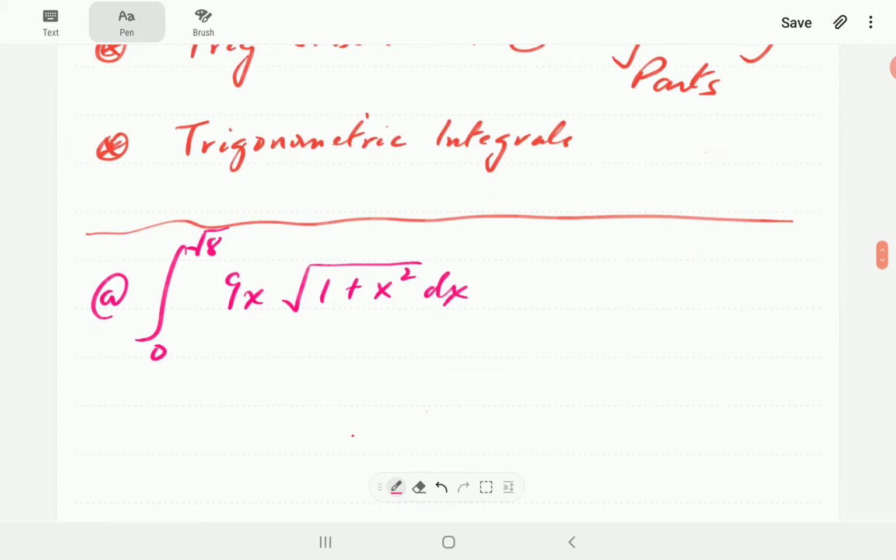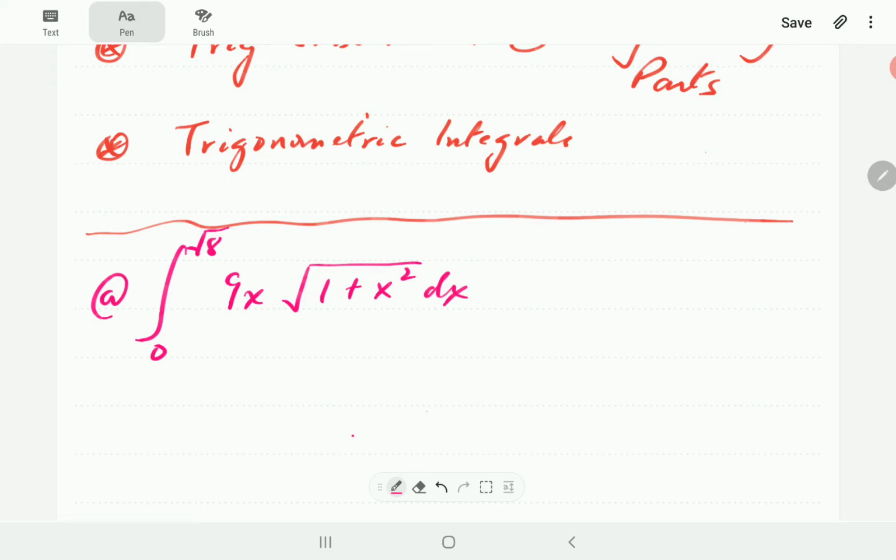So in part A, we've got the integral of 9x times square root of 1 plus x squared dx from 0 to square root 8. For this one, if you look at this function 1 plus x squared and this function here, we notice that if you differentiate this, you get something which is a constant multiple of that.